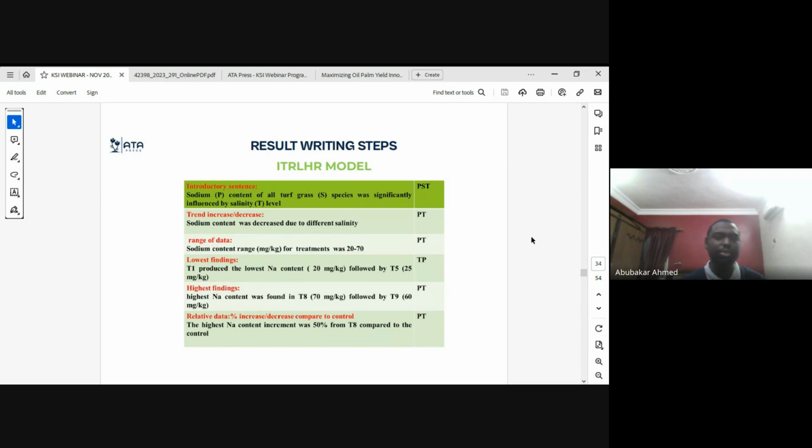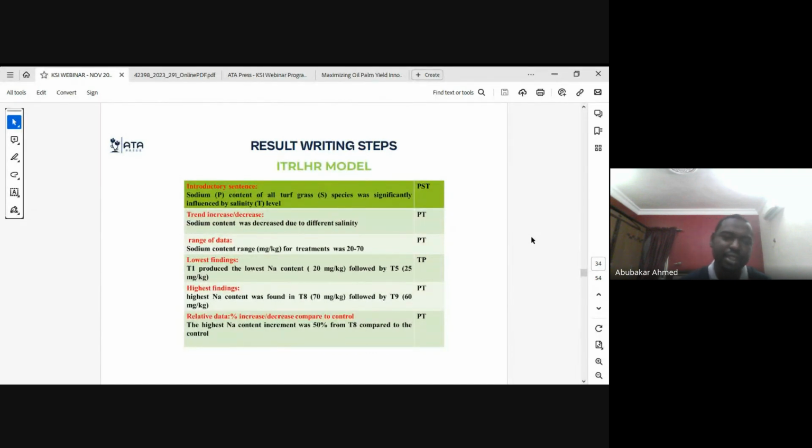Also, if you want to present the trend, that is increasing or decreasing, or range of data, you have to consider this: first you look at the parameter and then you look at the treatment.